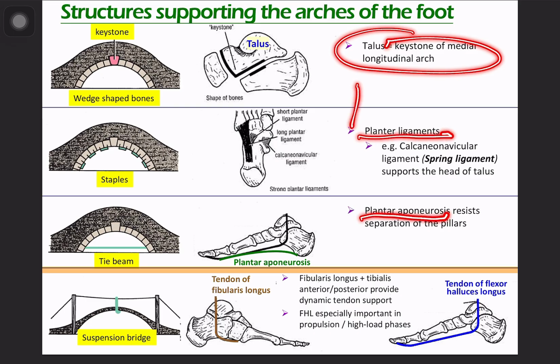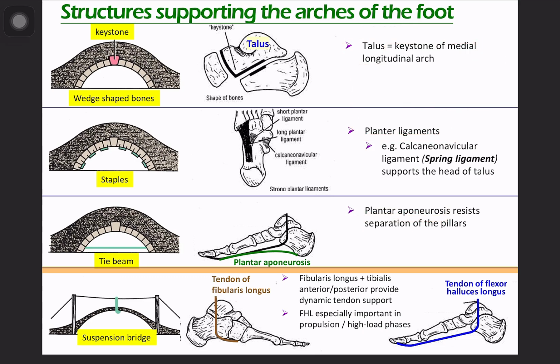All these contribute to passive support. And active support comes from muscles and tendons, as you can see here, the tendons and the muscles. These contribute to active, or sometimes we refer to it as dynamic, support. It is important to help maintain the arches dynamically, especially during movement and loading.